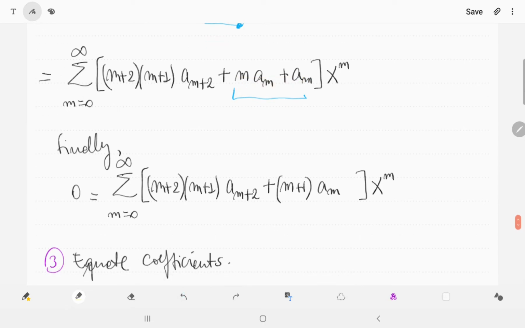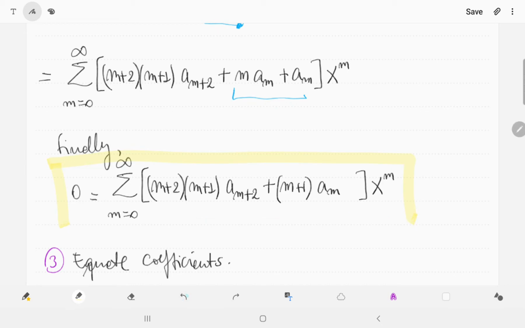So finally we have this expression as the coefficient of this new power series. And this is step 2, right? We took our equation and rewrote it as a single power series.